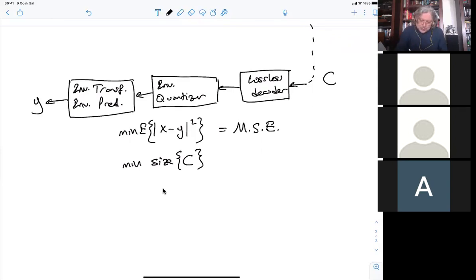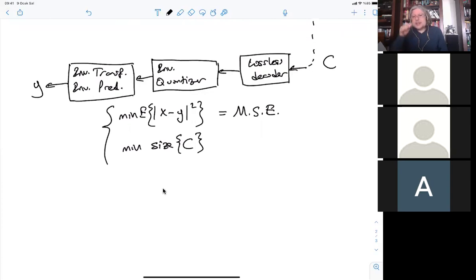So these two things must be done together, and they are usually contradictory to one another. If you are trying to minimize the size of C, then the mean square error increases. Or if you want to minimize the mean square error, then the size of C increases, and they are inversely related to one another.